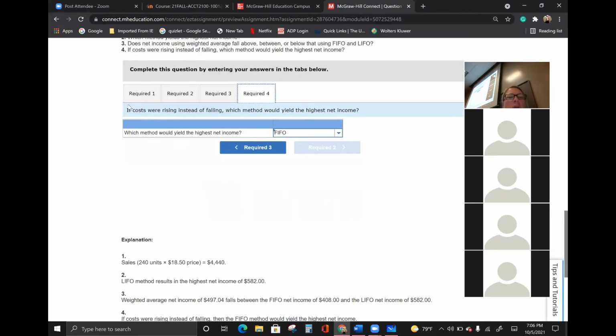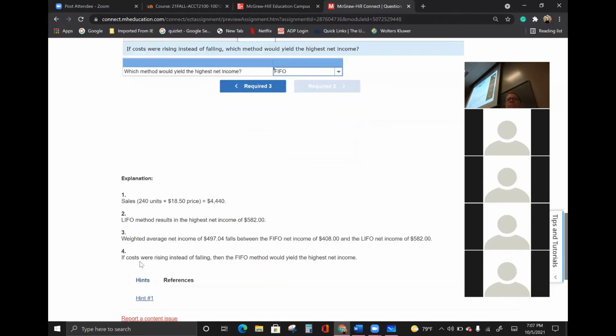Now, okay, here it is. If costs are rising instead of falling, so we've got to flip it, which method would yield the highest net income? So we went over that. You can look at the notes and see if you get confused, just read it again, how it works for each method.